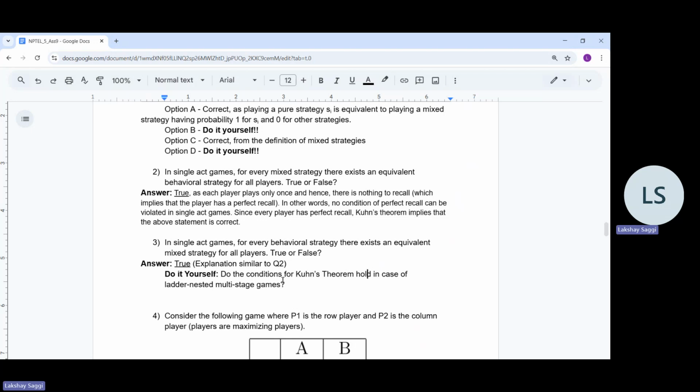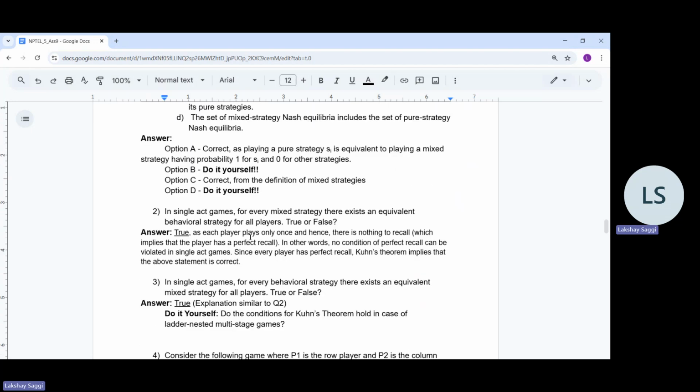So in general multi-stage games, you can check for the conditions of recall, but these ladder nested multi-stage games had a very specific structure. Single-act games have a very specific structure, and because of this, you can have perfect recall in single-act games.